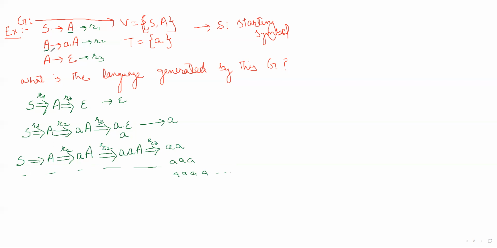This A can generate two things: it can generate epsilon and it can generate AA. So you can see that here A can be written as AA. It is kind of a recursive call, or we can say a recursive rule.